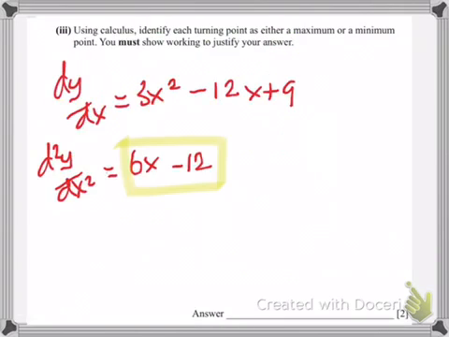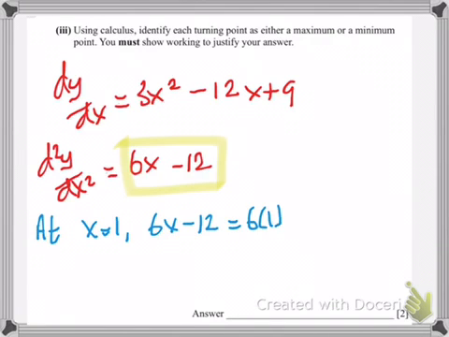Now, at the turning point (1, 4), where x is equal to 1, 6x minus 12 is equal to 6 times 1 minus 12, which is minus 6, which is less than 0, so that's a maximum.